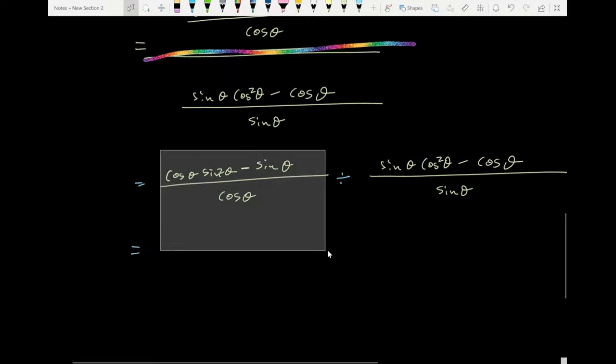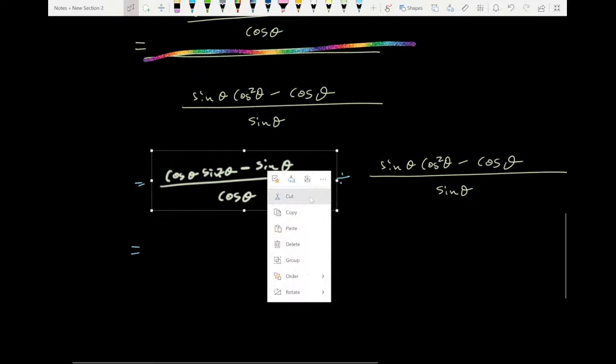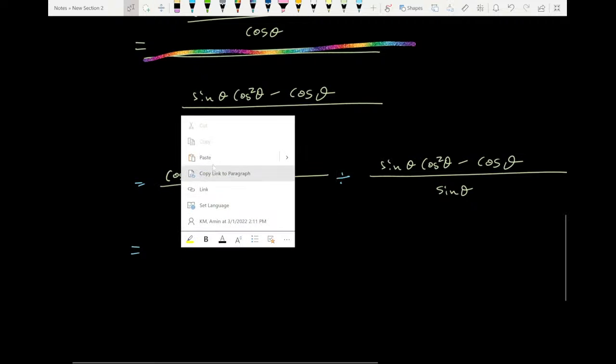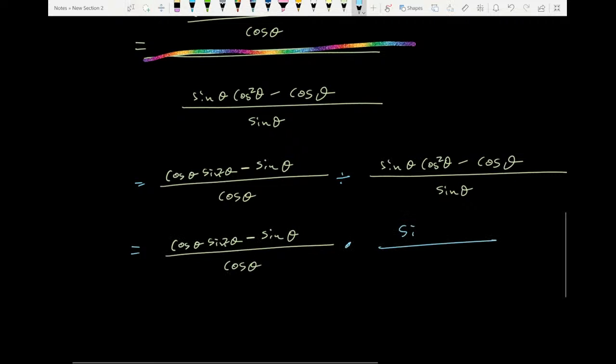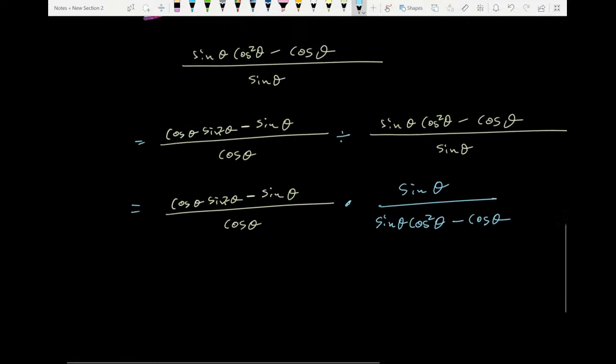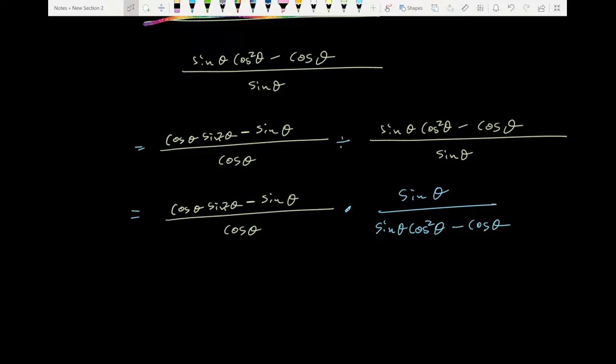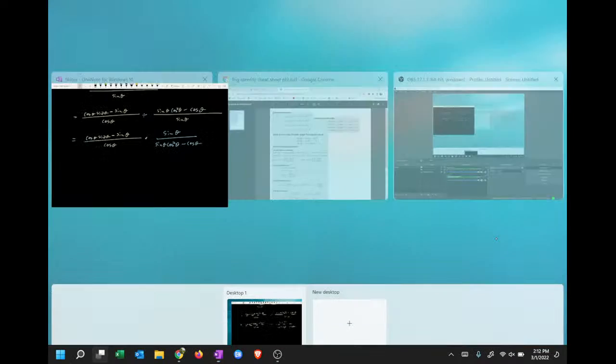You could just multiply by its reciprocal. I'm just going to multiply by its reciprocal right over here. Sine of theta, and then sine of theta, cosine square of theta minus cosine of theta. Wow, this is hard. We're nowhere near close. What can we do?